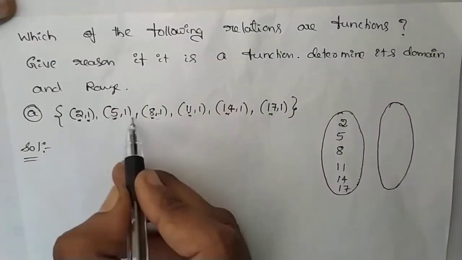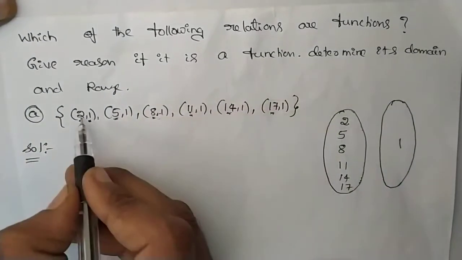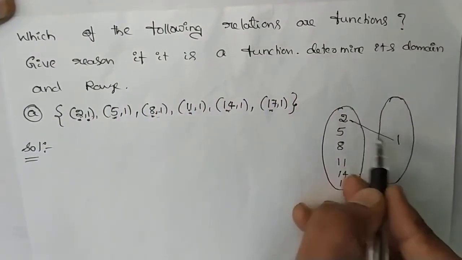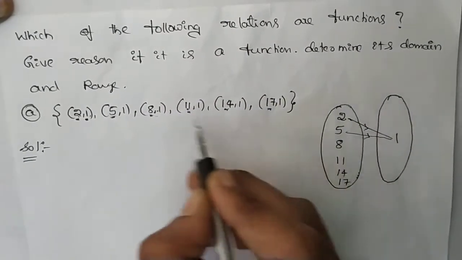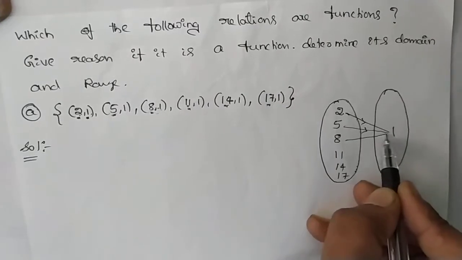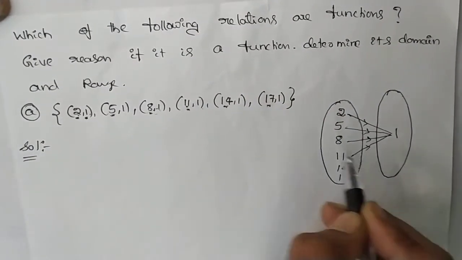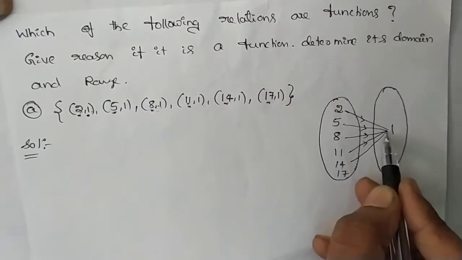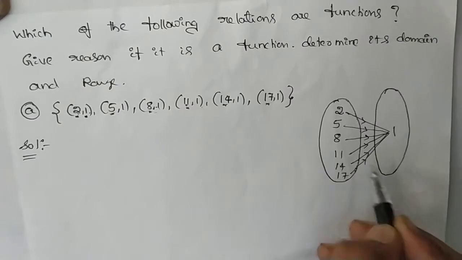What about the second element? Only 1. The pairs are (2,1), (5,1), (8,1), (11,1), (14,1), (17,1).